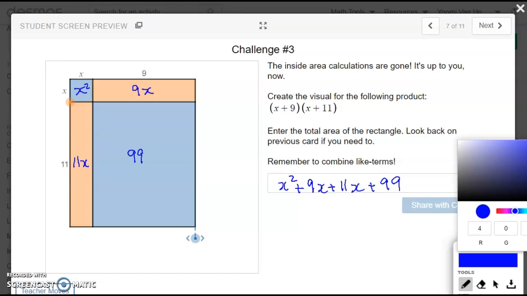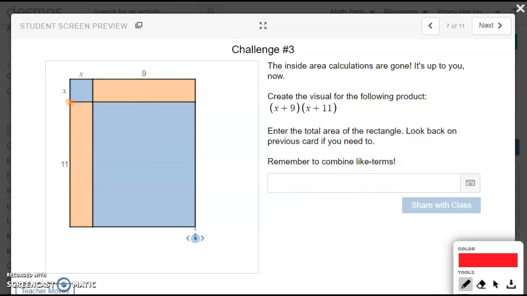Well, it's the 9x and 11x, right? So 9x plus 11x is going to be 20x, but everything else is the same. So x squared plus 20x plus 99. That's my final answer.